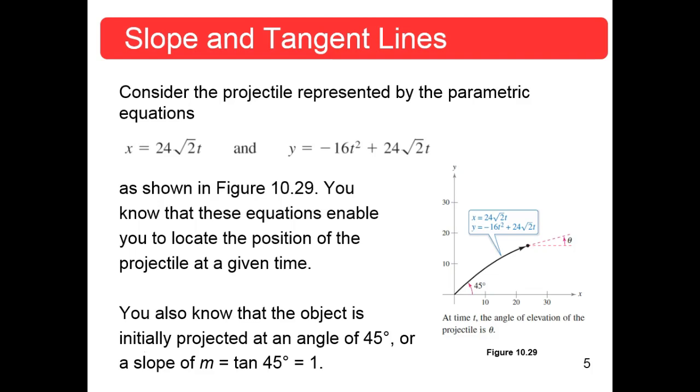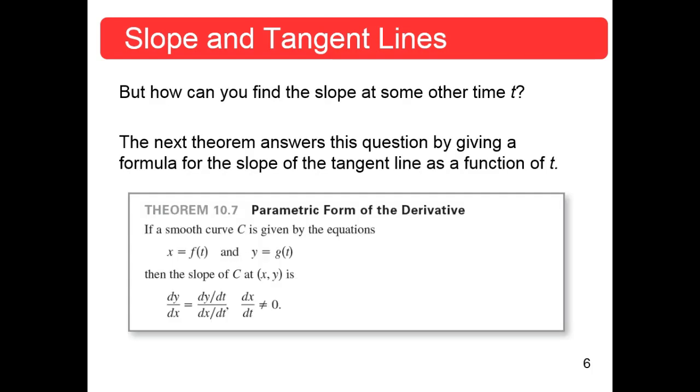Okay, I was going to say initially projected at an angle of 45 degrees. The slope m at that initial move, that's all they say. The slope here is 1. Okay. Not anywhere up there. It can't be. Okay. Initially 1. Okay, got it.